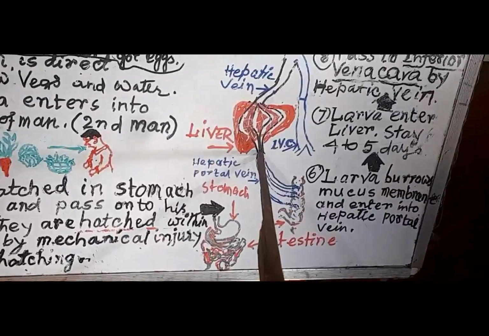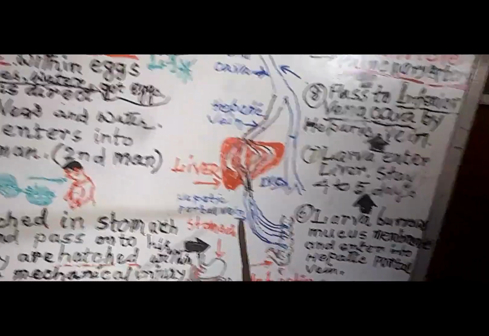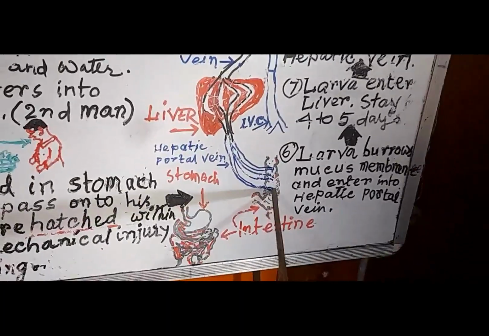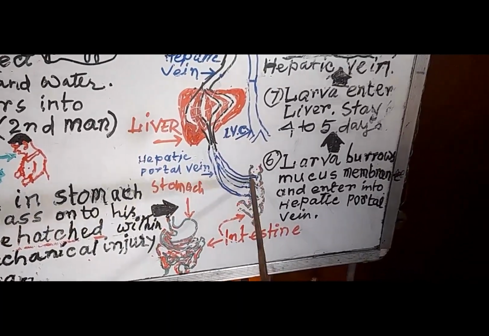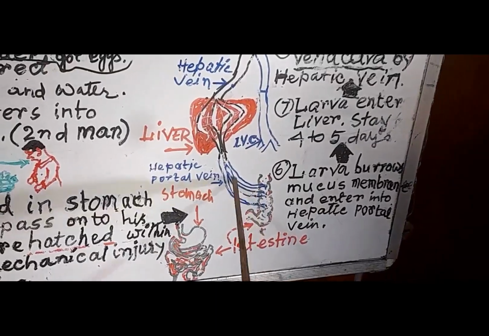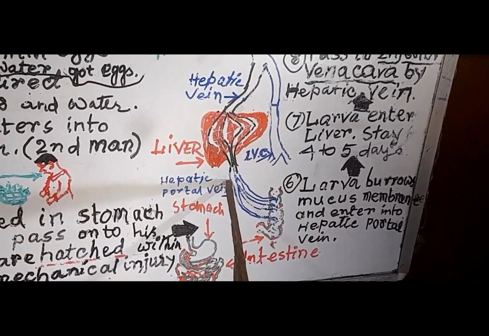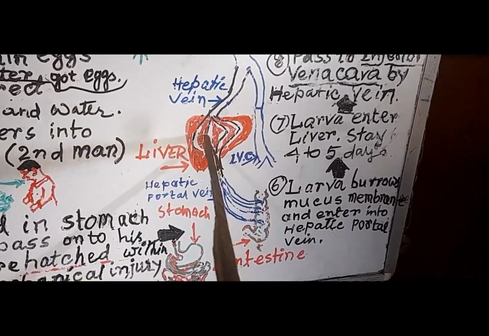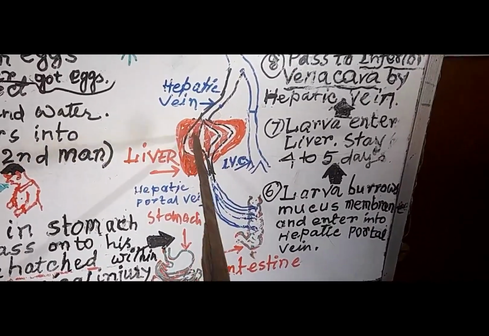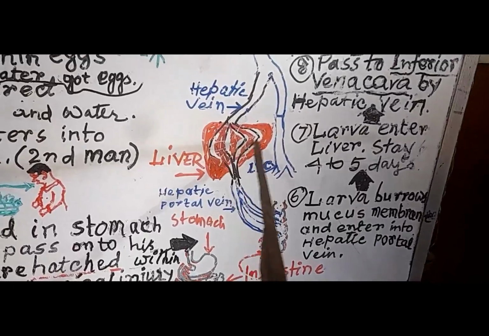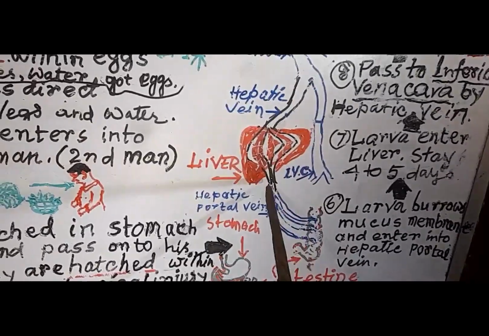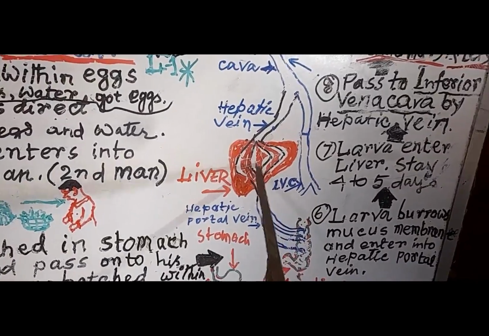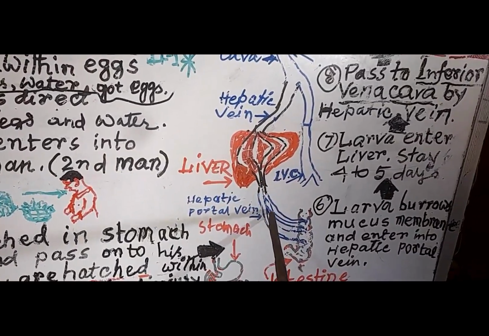This is the hepatic portal vein. Why is it called the hepatic portal vein? Now, the vein arises from the capillary bed of the intestine and forms this vein, which again forms the capillary bed in the liver. As this vein has capillaries on both ends, it is the portal vein.